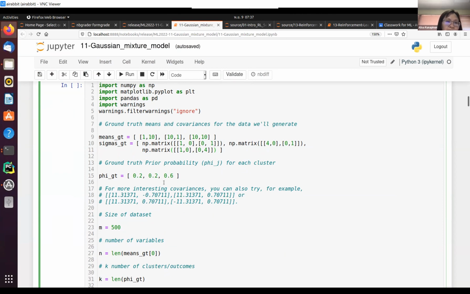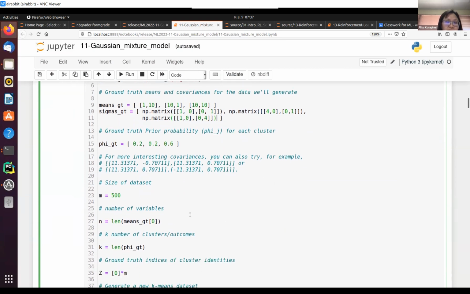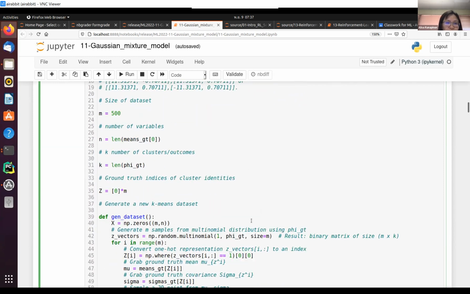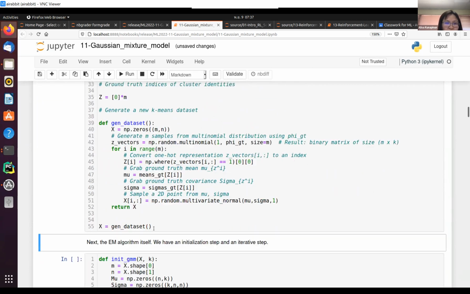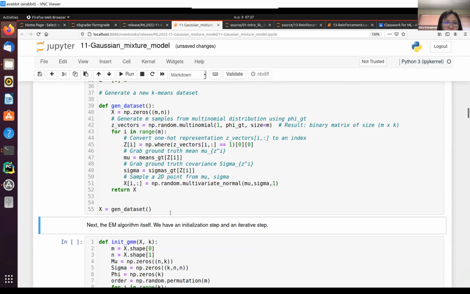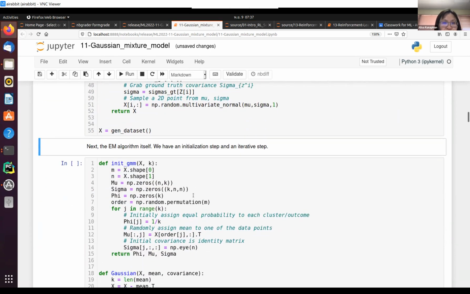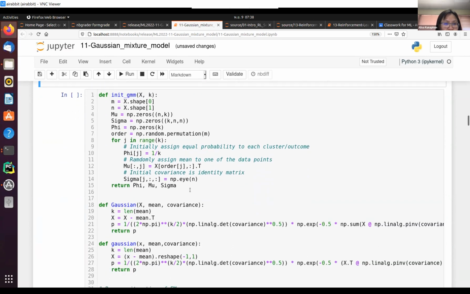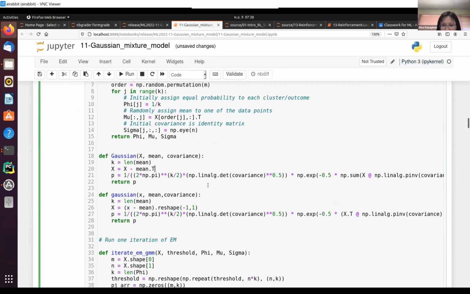Then we set the ground truth with higher probability for each cluster and create the data set. After creating the data set, we visualize it and run the EM algorithm.